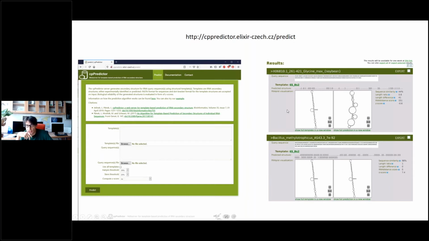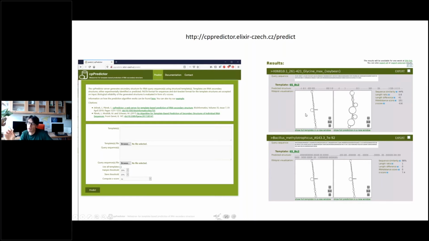And this is an example of an output page that shows prediction using the same template, which is shown in the left side window, in this case a bacterial RNA, a SucC RNA from Bacillus subtilis, and the predicted structures are shown in the right side windows.